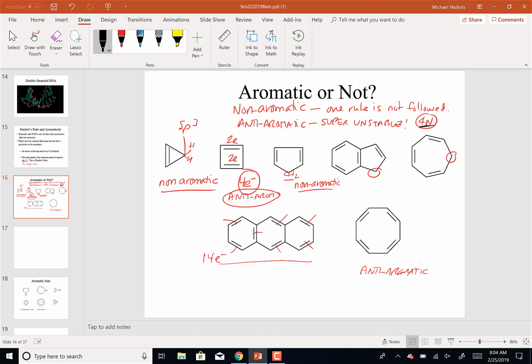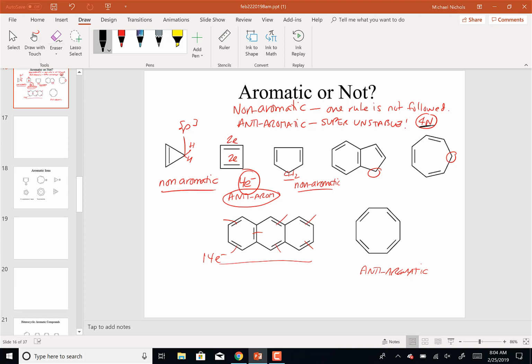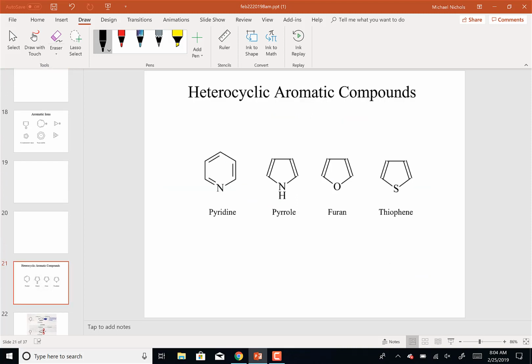Now we want to expand our normal rings here to include things like what are called heterocyclic aromatics. So that's the next thing that we're going to take a look at. So when we go to something like a heterocyclic aromatic compound, we'll start with something like pyrrole as the example.